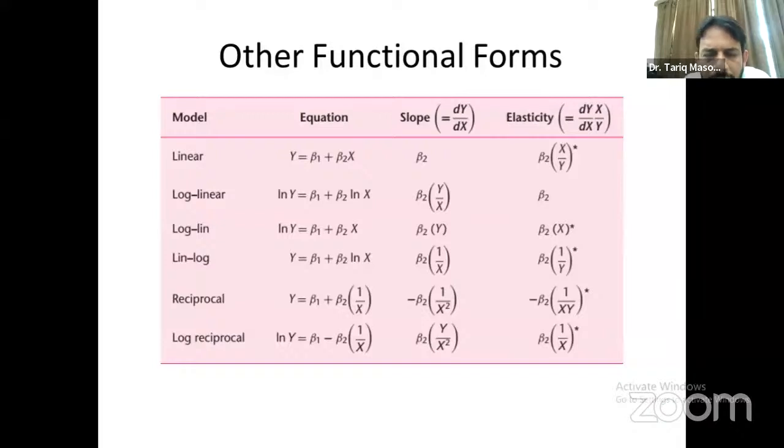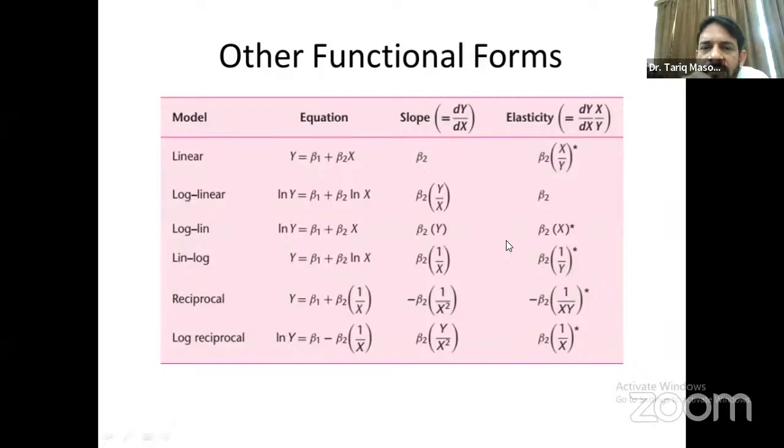In case of linear model, can you tell me what is beta 2? When we write a simple linear model, y is equal to beta 1 plus beta 2 x, what is the meaning of beta 2? What exactly is beta 2? And what is beta 1? Okay, anyone?